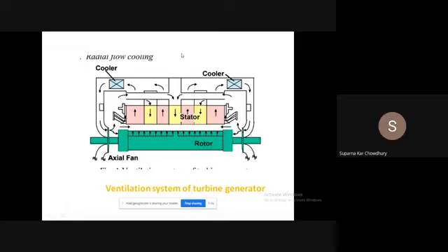And for the axial cooling system, this is the radial cooling. There is a radial duct in the radial system. The main disadvantage is that the air is going through this duct, but the heat has to be conducted from this slot or the teeth to this duct, in this direction.